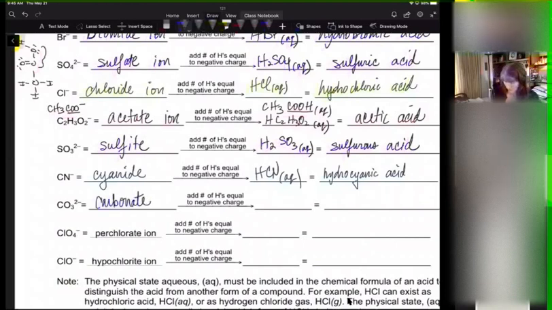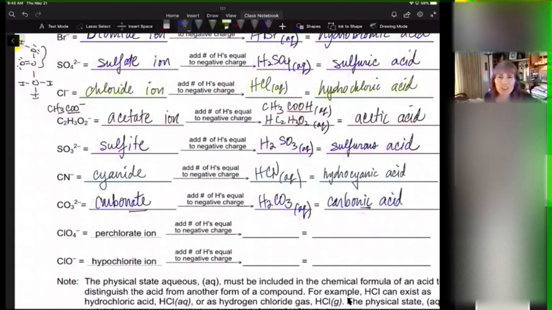All right, carbonate ion. This one is super important and it's so familiar. Does anybody know where you drink your carbonic acid? Oh, let me name it. Any carbonated beverage. All of your sodas, your bubbly water. Carbonic acid decomposes and gives you CO2.